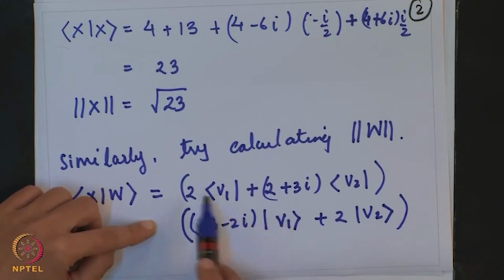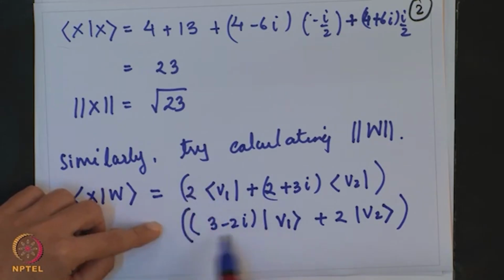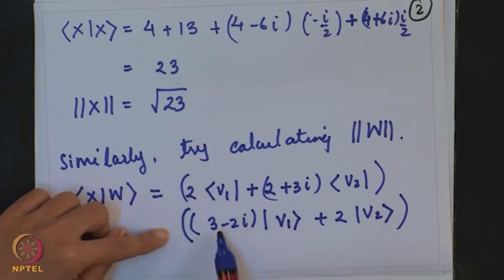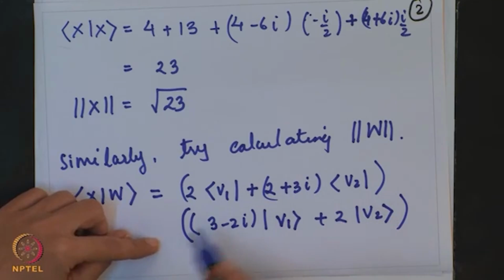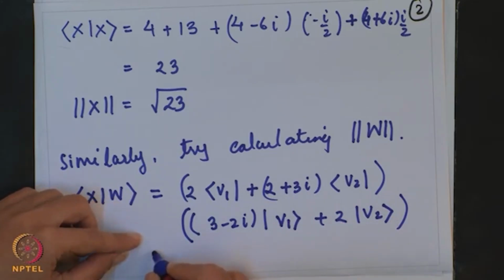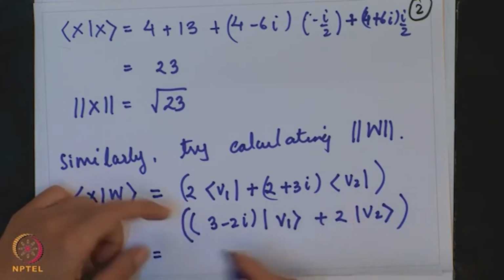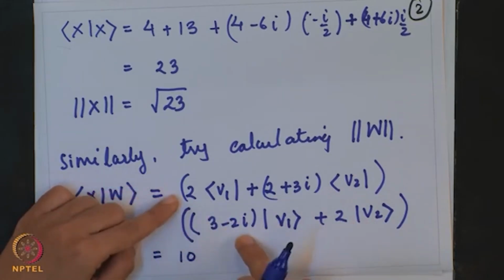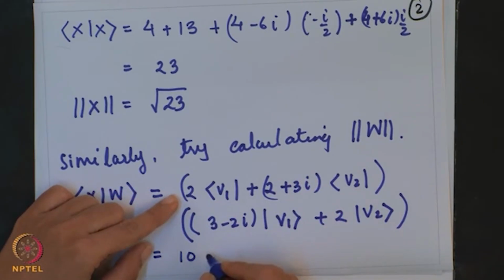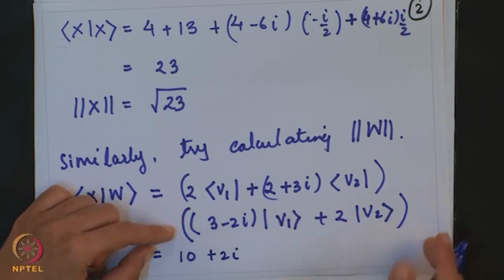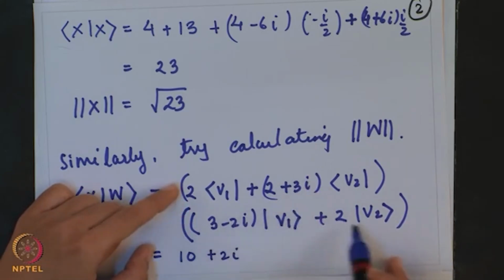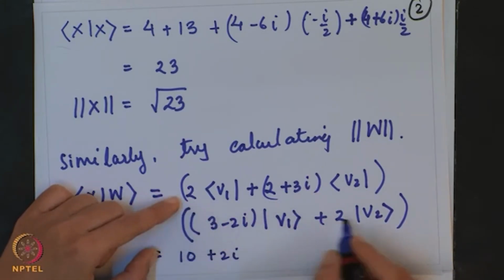You have <v1|v1>, which will give me 1, and we multiply this coefficient 2 into (3 minus 2i). Here I have (2 plus 3i) into 2 and <v2|v2>. This will give me 6 and 4, 10, and this will give minus 4i and plus 6i, so plus 2i. The cross terms I just have to evaluate: this will give me 4i by 2, that is minus 2i.